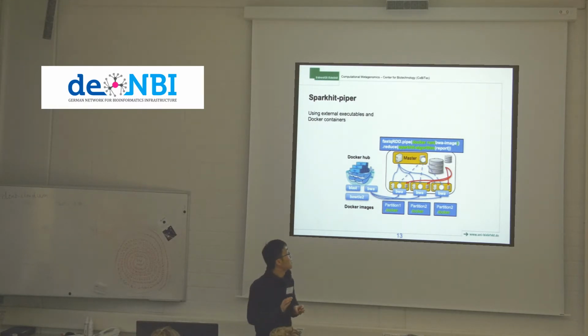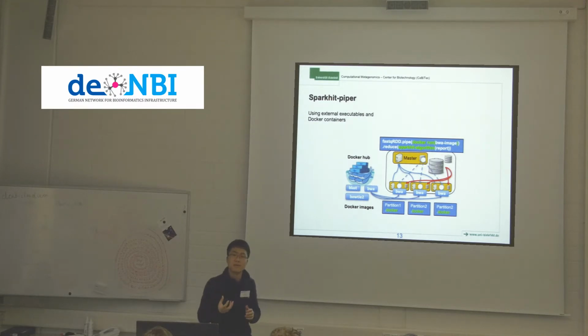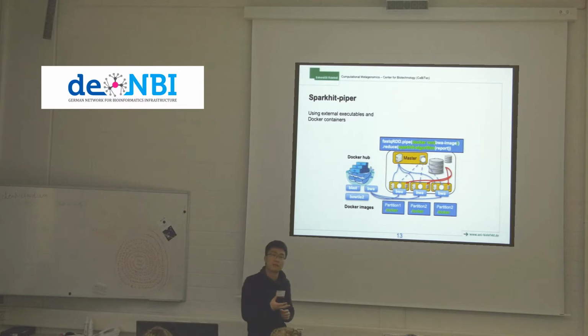And so we can change the implementation to other tools, right? It's basically a binary executable where we just have to send your data to an external executable binary or a Docker container.